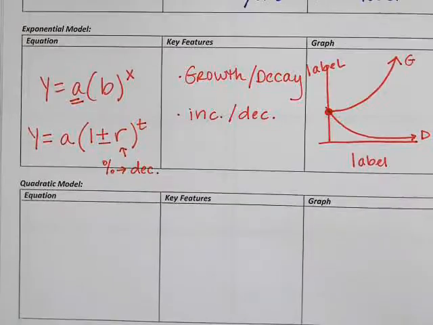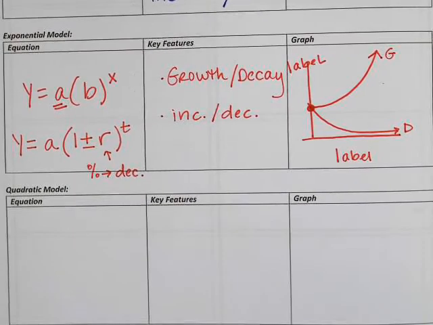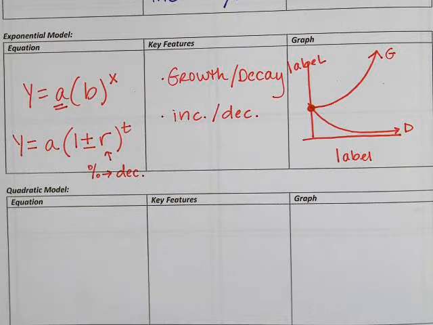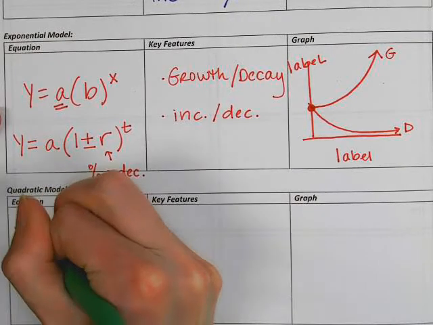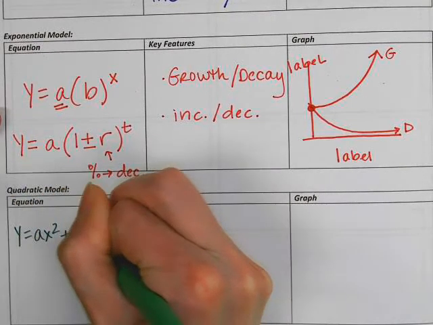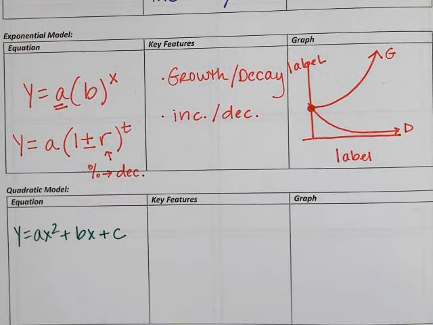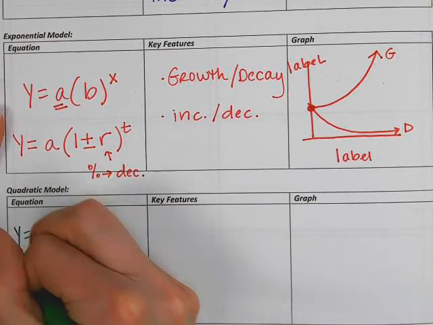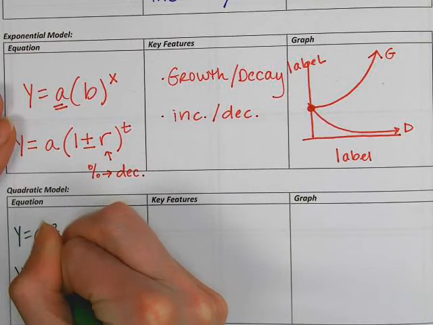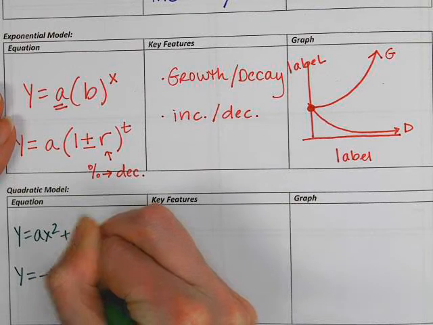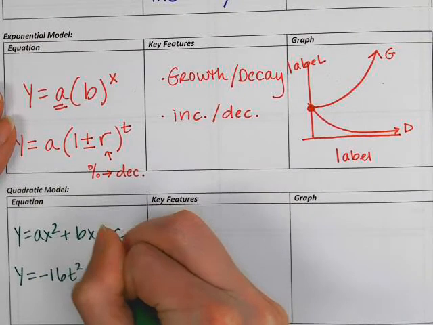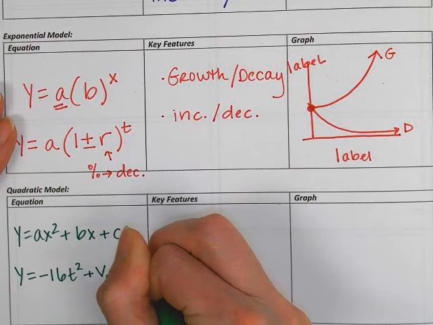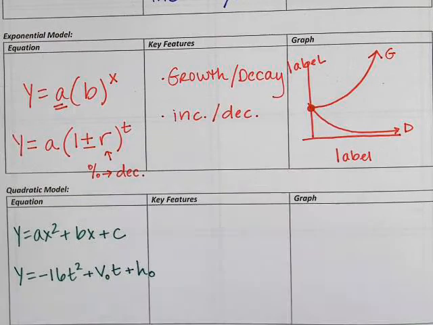All right, and then lastly, the quadratic models, recall, is y equals ax squared plus bx plus c. Now, in the context of word problems, if it's a falling object, it's going to be y equals negative 16 t squared plus initial velocity times t plus initial height.